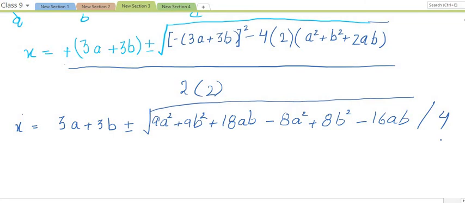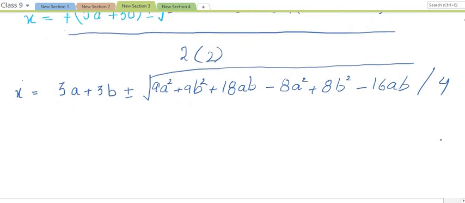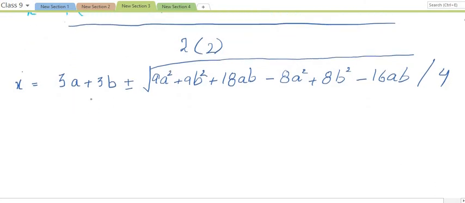Clear? Okay, let's move to the next step.